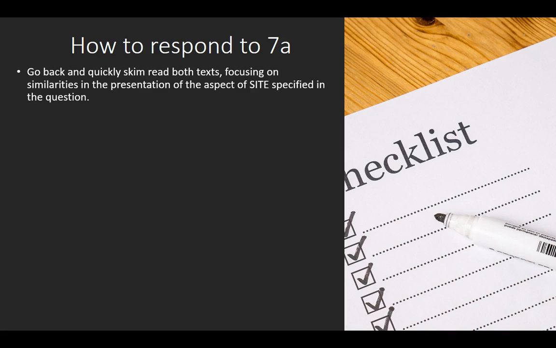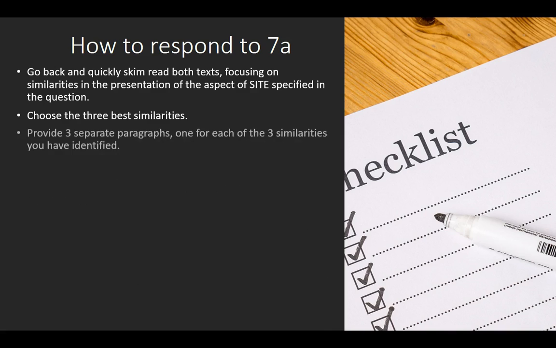So when you come to question 7, go back, skim read both texts and your annotations that you've made and focus on the similarities in the presentation of whatever aspect of sight has been specified in the question. Choose the 3 best similarities, the 3 that just jump out to you as you're skim reading. Then when you come to write your response, write them as 3 separate paragraphs. Each paragraph is about 1 similarity.